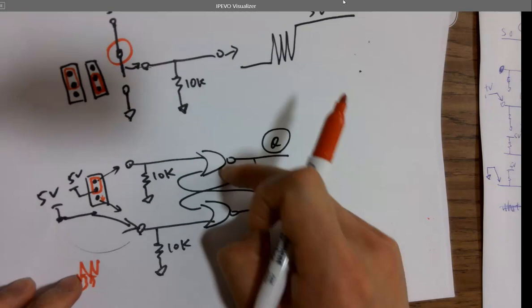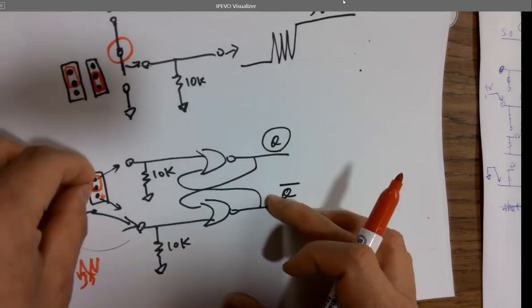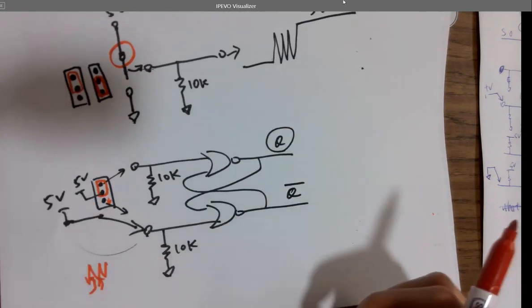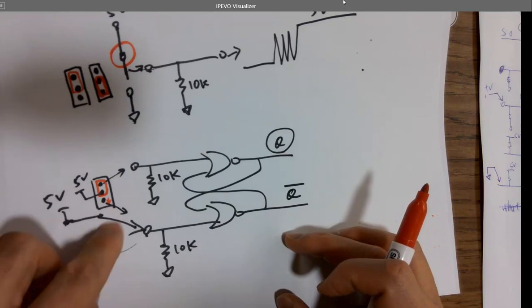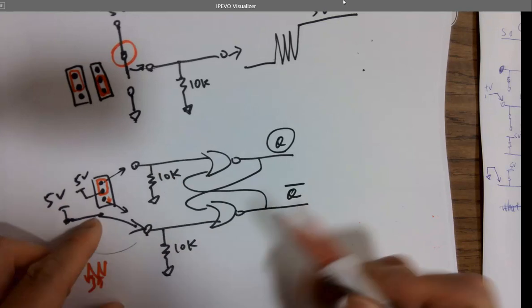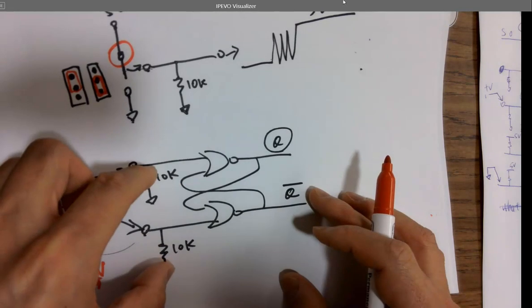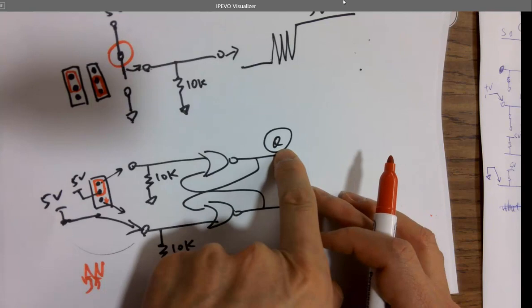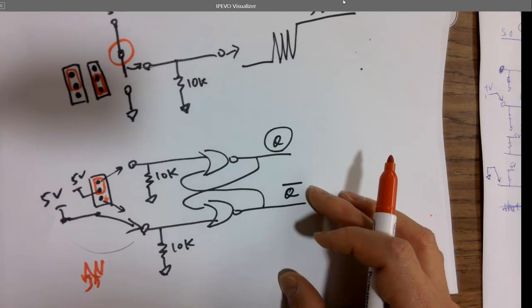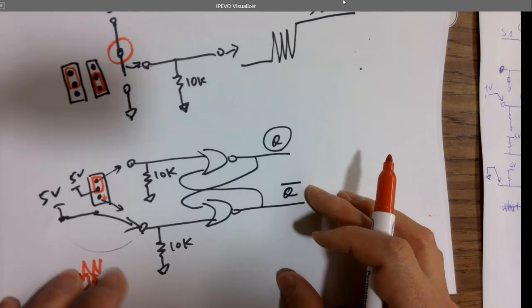However, if you have this debounce circuit, whenever it's flying or moving in the middle, it's not connected to anywhere, right? So these two are being pulled down to 0. This is forming a memory state for the SR latch, so it will memorize the previous state. It's not changing to the next one.